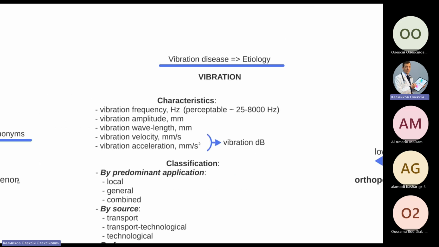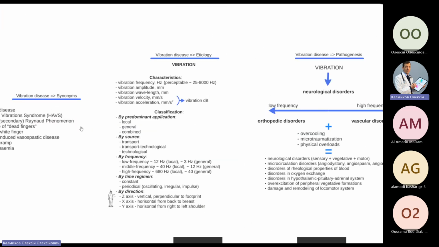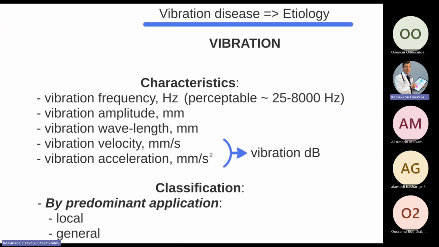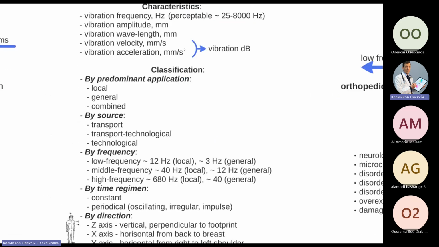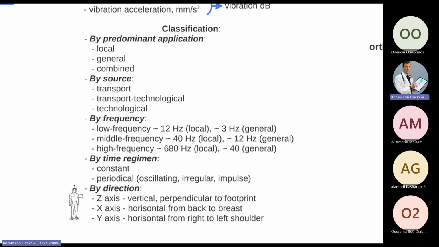By other approaches to classification, vibration disease may also be classified by predominant application or location: local, general, or combined; by source: transport or technological; by frequency diapasons, I mean not the absolute value of frequency, but some groups: low frequency, middle frequency, and high frequency; by time regimen: constant or periodical.